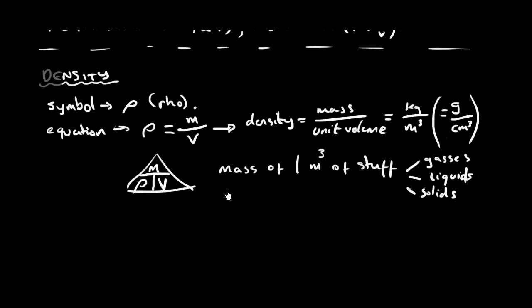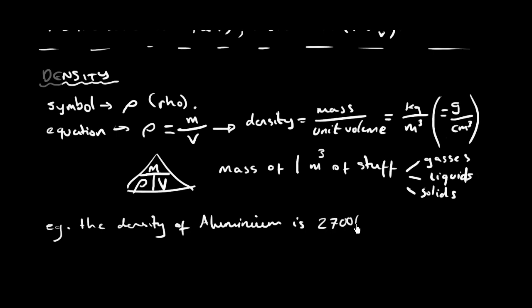Okay, let's do an example of a question with density. The question could say something like: the density of aluminium is 2,700 kilograms per meter cubed.